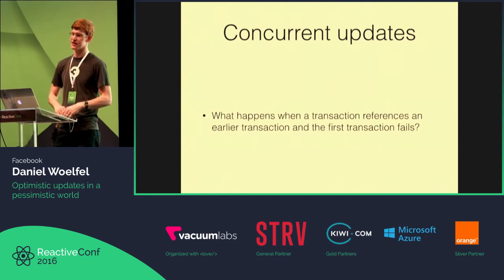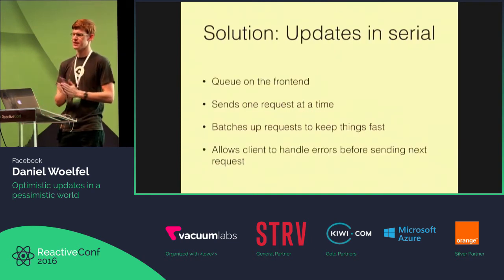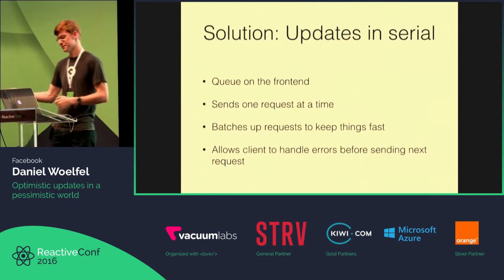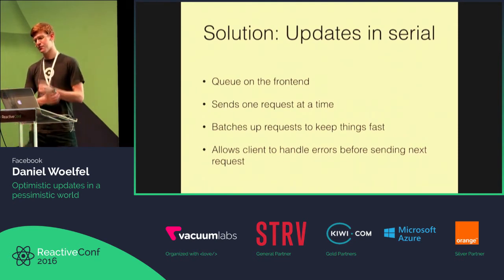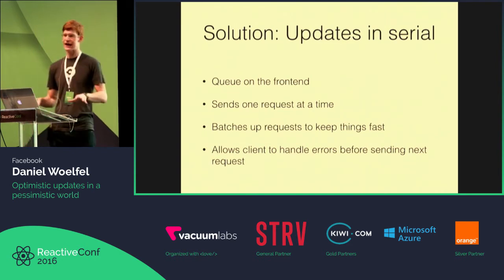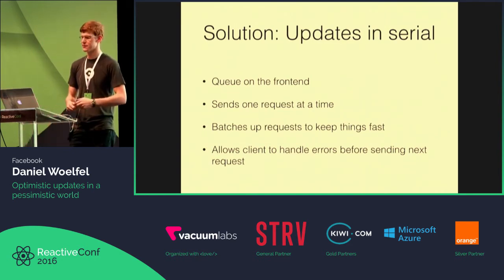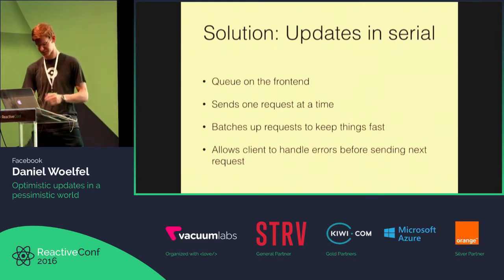So you end up with this kind of cascading error. There's other solutions, but I think the best way to solve this is to have a nice queue on the front end, send one request at a time. You batch up the requests to keep things fast. You send them all in one payload. And this allows the client to handle the errors before it sends the next request.